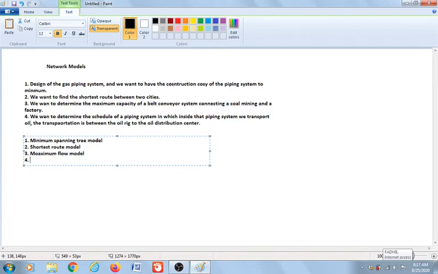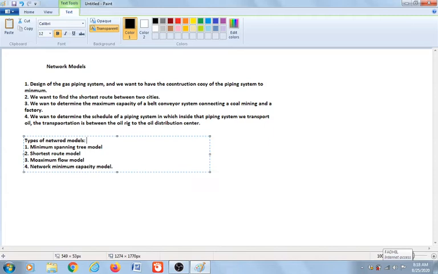And the last problem, in which we want to determine the scale, we can solve by using the network minimum capacity model. So those are the four types of network model that we will discuss in this chapter.